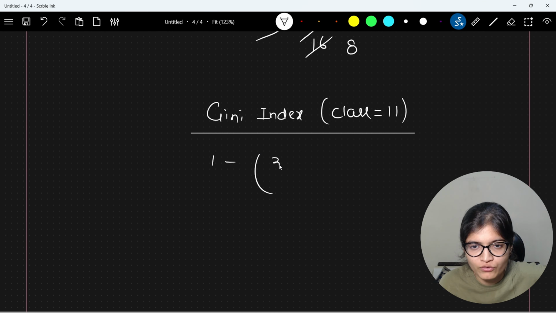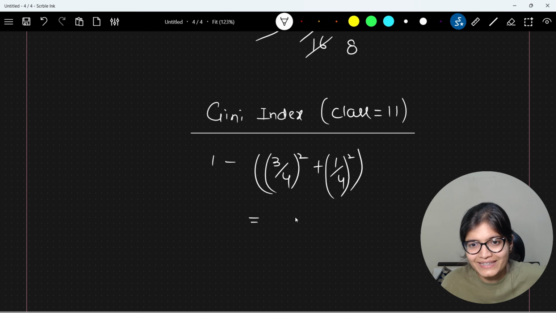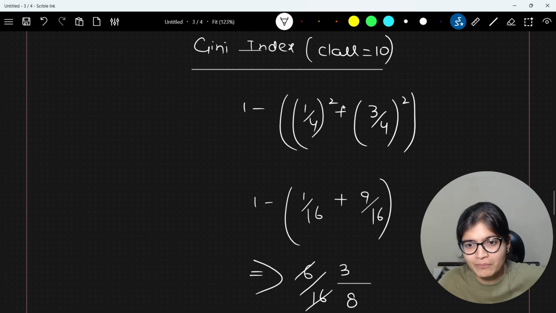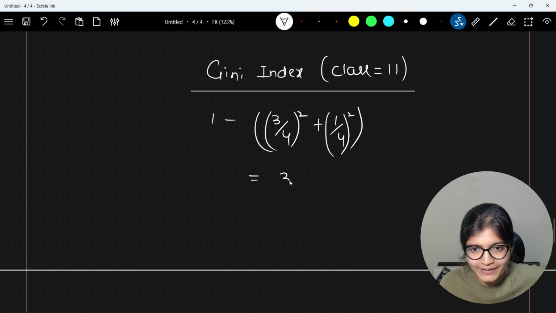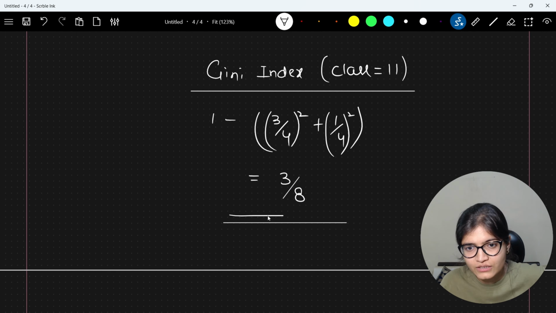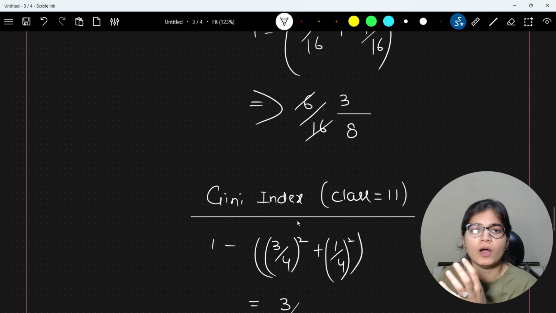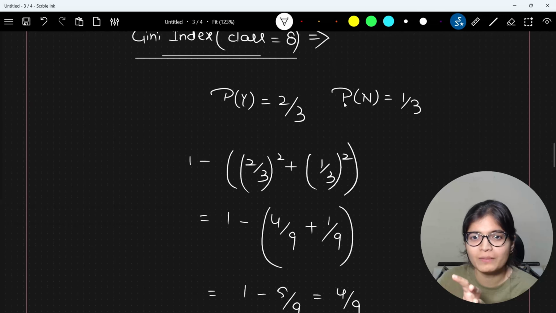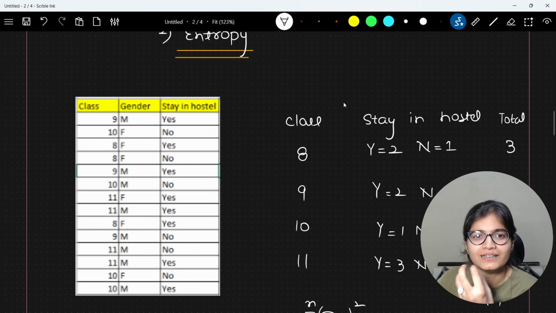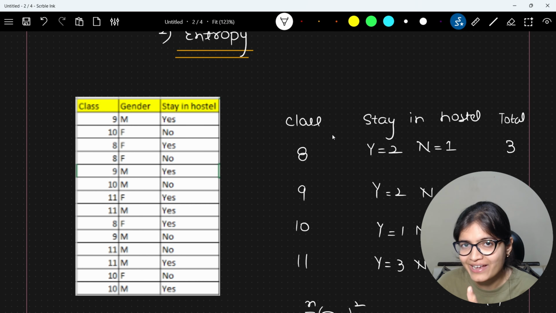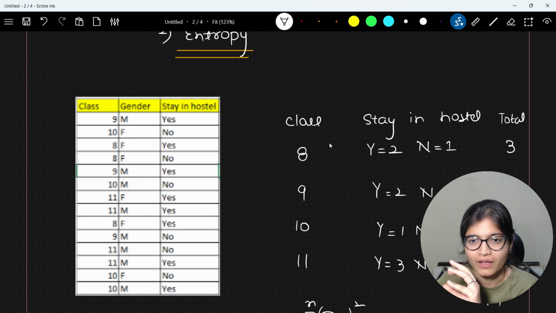So I think the answer will remain the same, 3 by 8. So we can easily calculate the Gini value for class 8, class 9, class 10 and class 11.